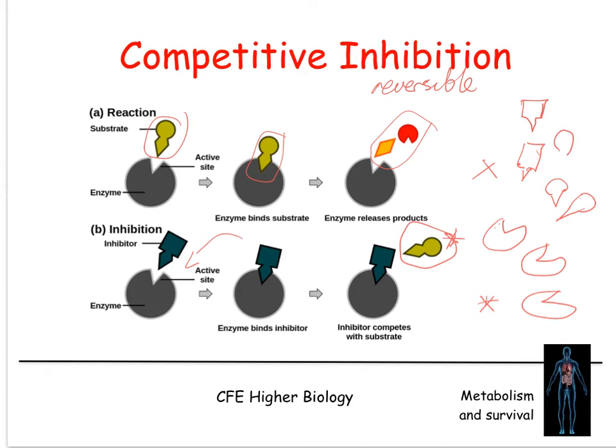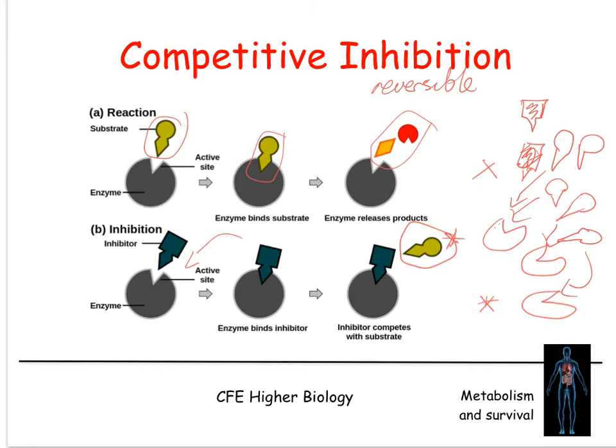So if I add more and more substrate, I'm not very good at drawing, as you know, then it increases the chance of a substrate molecule colliding with the active site. The more substrate there is, the more likely that substrate is to bind with the active site, and it overcomes the inhibition. So we can reverse this process by increasing substrate concentration.